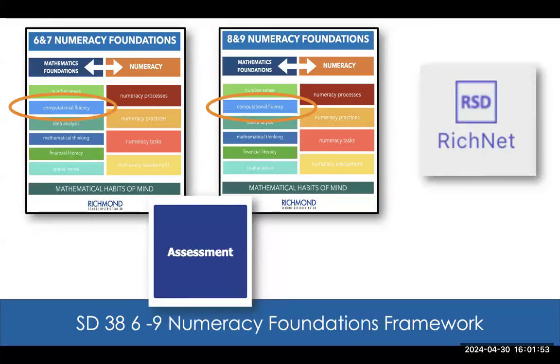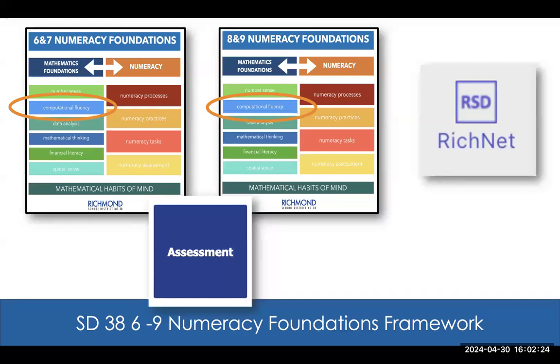So where can you find these resources? We're going to be putting some of these things onto our portal, and then they will be uploaded to our new platform for connection, which is going to be RichNet. So you can look for that in the next couple of weeks. You can also look under the numeracy foundation tiles under computational fluency.